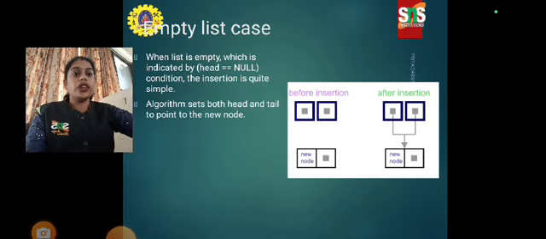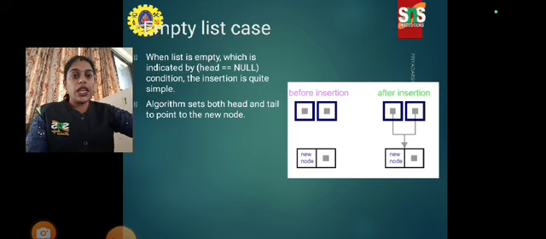Okay, consider if we have an empty list, which indicates that head is equal to null. There is no data in the list. We can represent it as head equal to null. Then the insertion is very easy. The algorithm sets both head and tail to point to the new node.